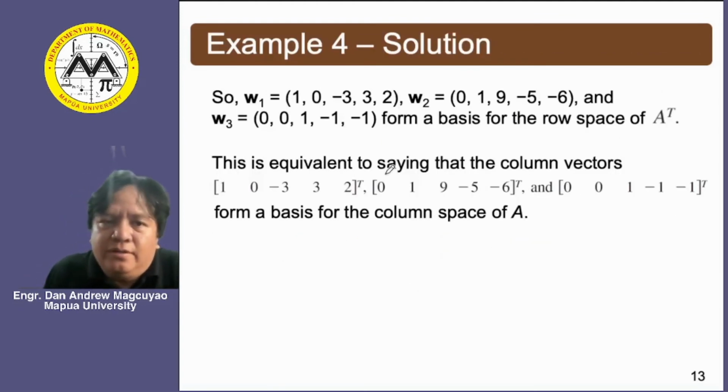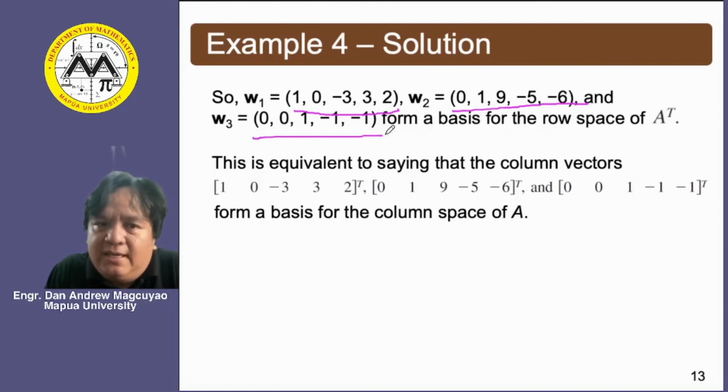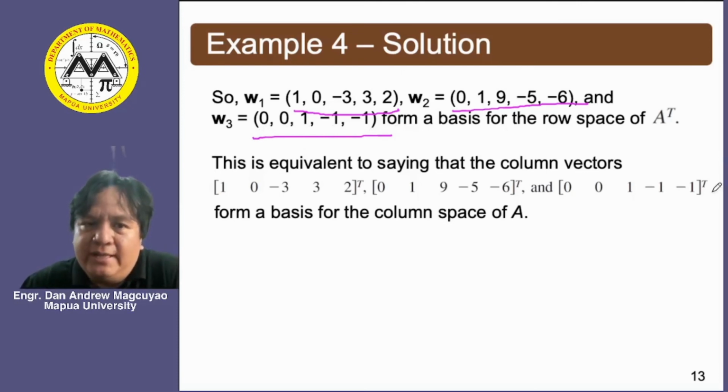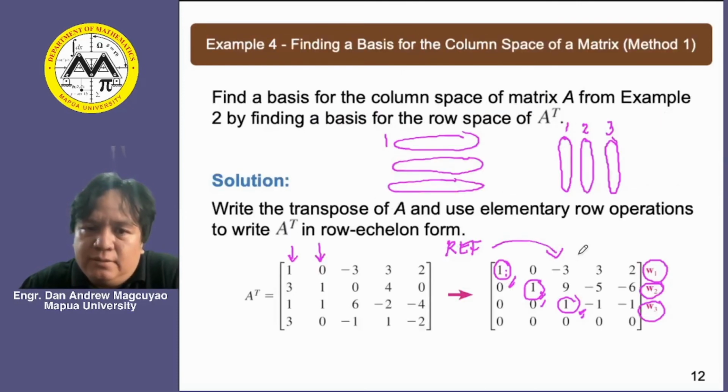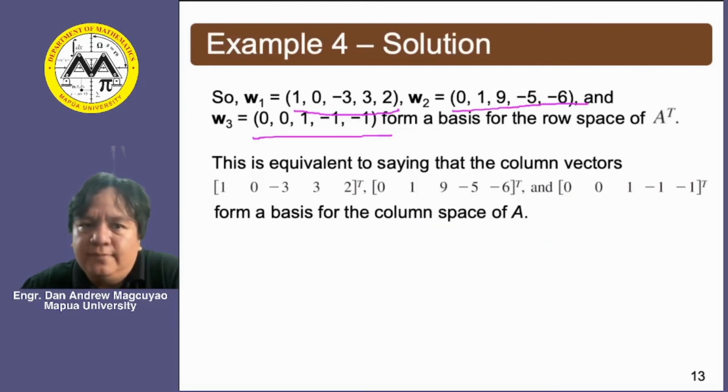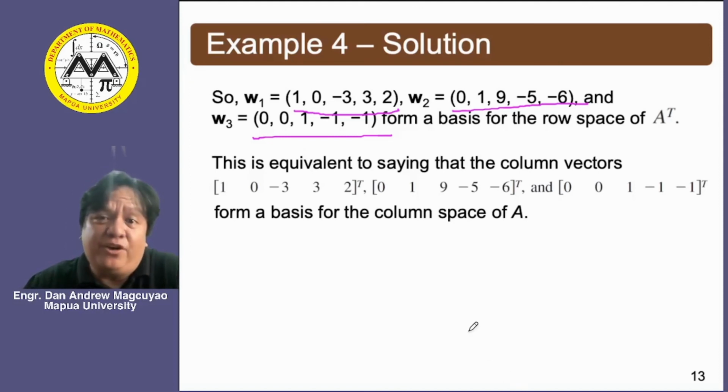So the vectors that form a basis would be 1, 0, negative 3, 3, 2; 0, 1, 9, negative 5, negative 6; and 0, 0, 1, negative 1, negative 1. So that forms a basis for the row space of A transpose.